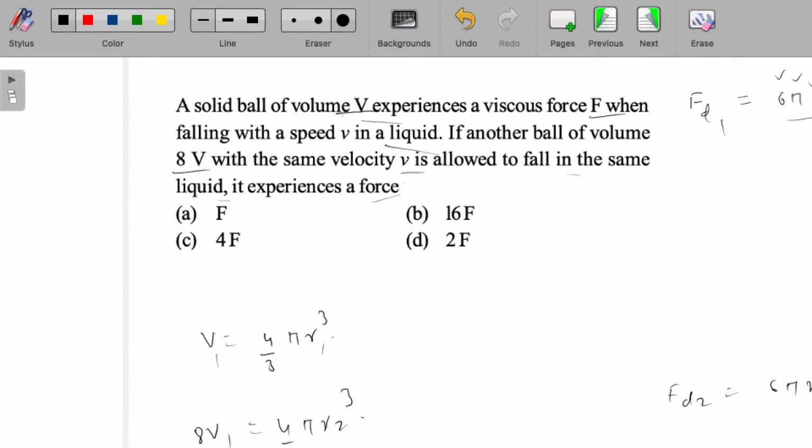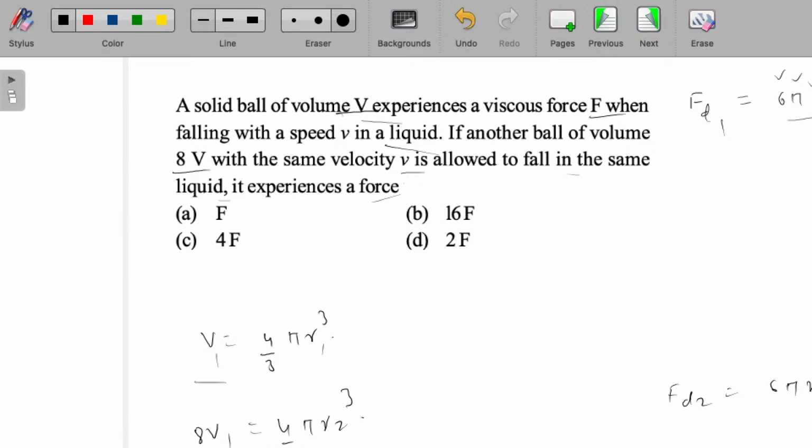So R1 and R2 are to be compared here. You can notice V1 by V2, which is V1 by 8 V1, is supposed to be equal to R1 cube by R2 cube. So you get that as 1 by 8, which means R1 cube by R2 cube is 1 by 8, or 1 by 8 whole power 1 by 3 is equal to R1 by R2. So what is this value? 1 by 8 power 1 by 3, that's 1 by 2, right?